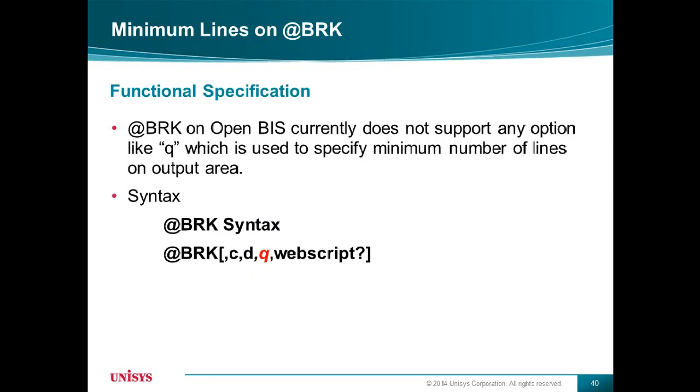The next enhancement is to the app BRK. The app BRK is enhanced to take input of the number of lines as the output. So we have enhanced this feature to allow a minimum number of lines for an output area. What this means is, for instance, I have to generate an output that contains a minimum of 30 lines, and my present output just generates 20 lines.